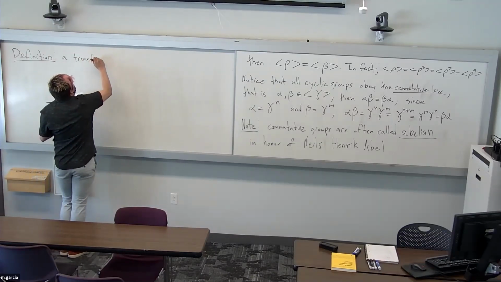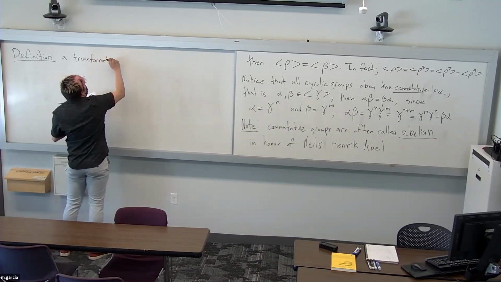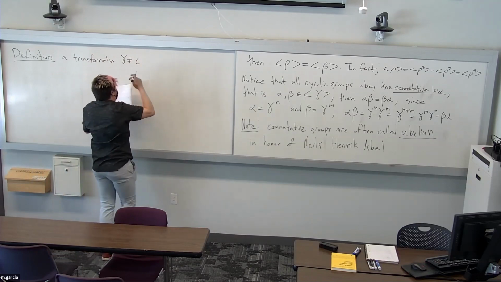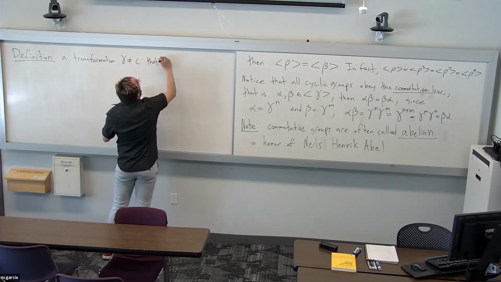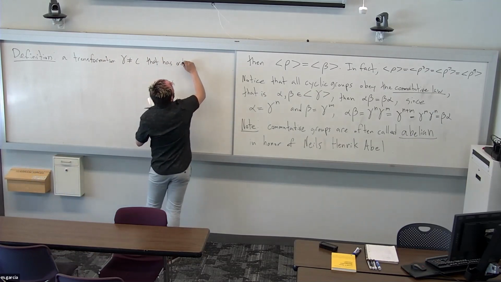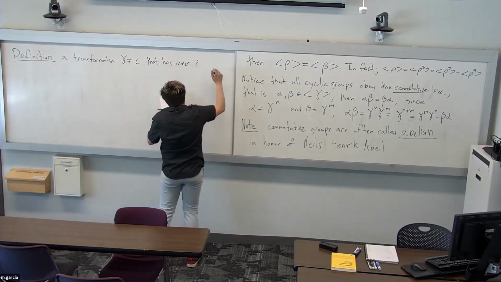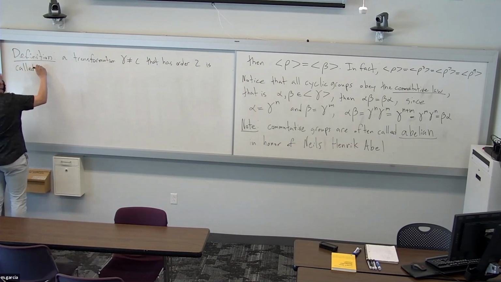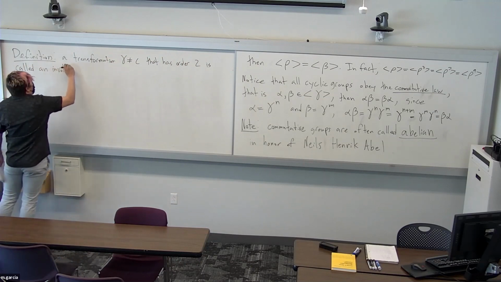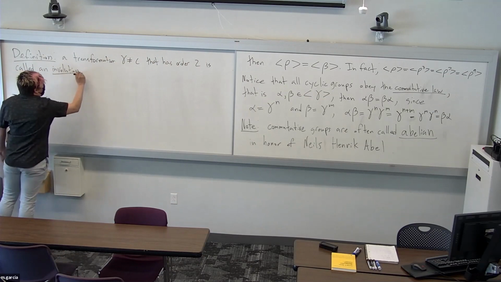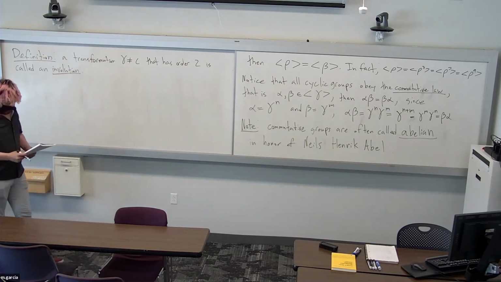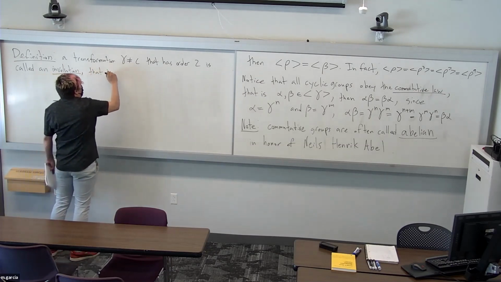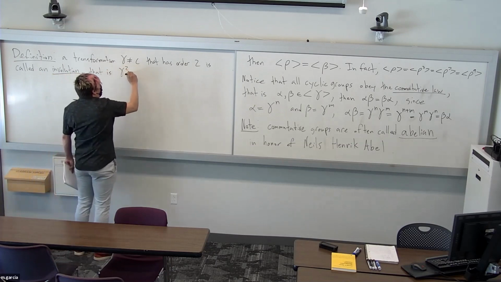A transformation gamma not equal to iota that has order 2 is called an involution. That is, gamma squared is equal to iota.